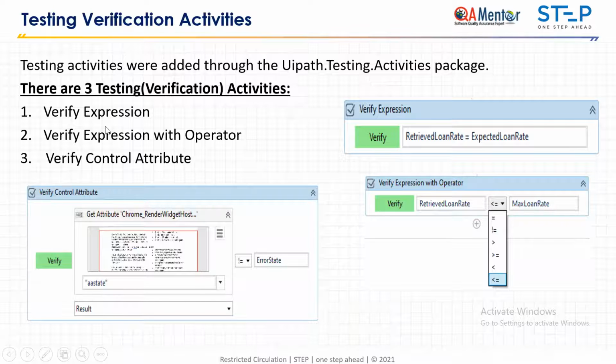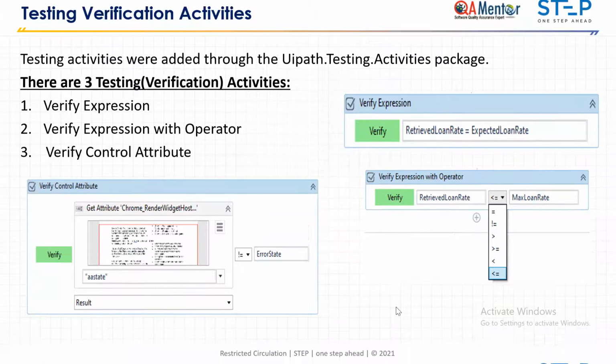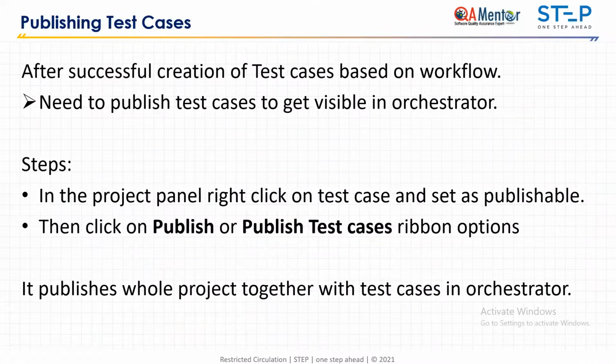So these three verification activities will be there in UiPath as a tool, and we can use whichever depending upon our test cases. Whenever we finish our test case, we need to publish that test case in the test case format, and then we can push it to the orchestrator. In orchestrator, we can run the test cases and schedule the test cases, and we are going to see today how to publish the test cases in orchestrator as well.